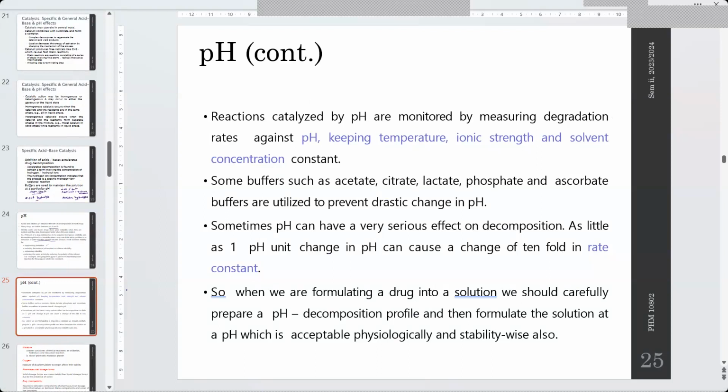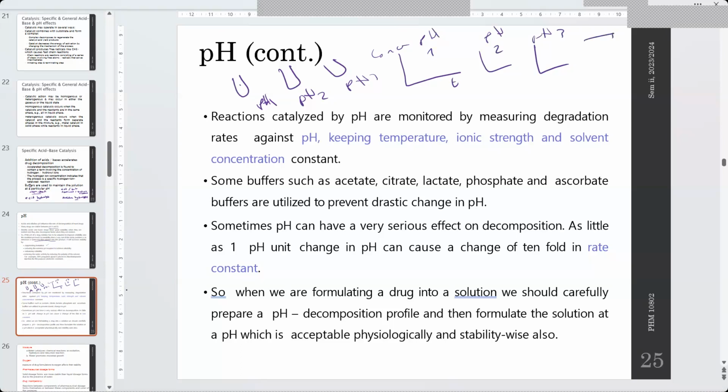So how to study? We usually have different test tubes with different pH values. So say pH 1, pH 2, pH 3, and then I study the degradation rate, which means I determine the concentration of drug in each of them. And you have concentration over time for pH 1, for pH 2, pH 3, and so on.